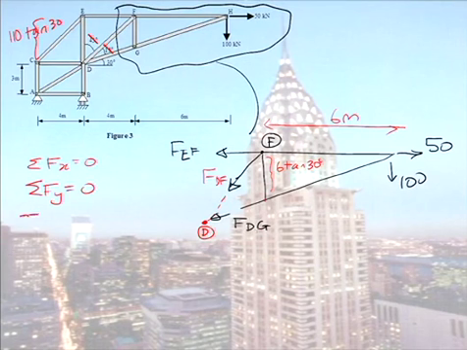And then we can take moments. Now, you can actually take moments at a number of points to calculate your unknowns. So you don't even have to use this equation, forces in the x direction. You could take moments, in this case, at D or at F. So if I take moments now at F.